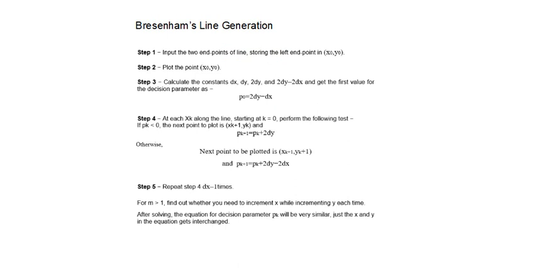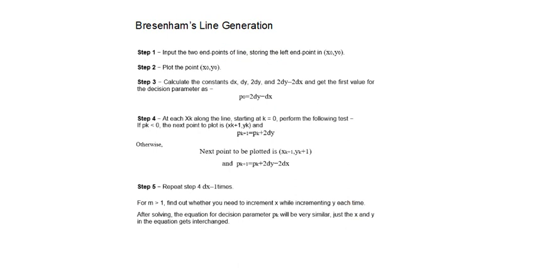When we say slope less than 1, that means x2 minus x1 is greater than y2 minus y1. Now what is slope? We all know slope is y2 minus y1 divided by x2 minus x1. So if change in x is greater than change in y, then these 5 steps are the algorithm. Otherwise, I will tell you by this line when we reach here.